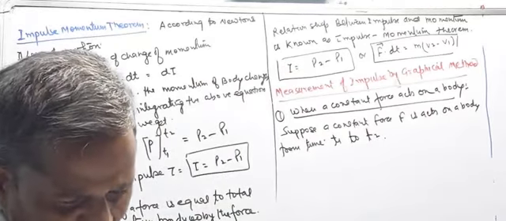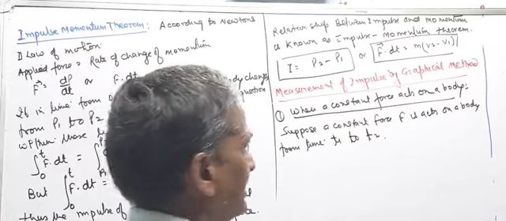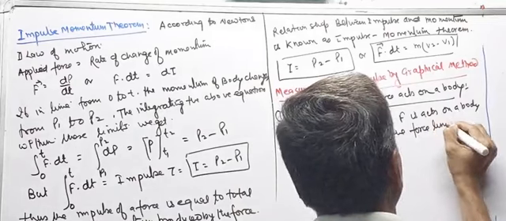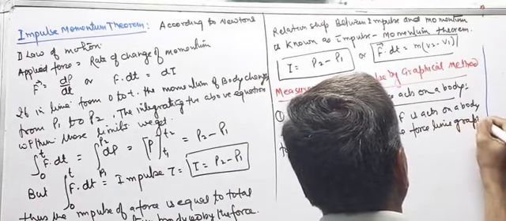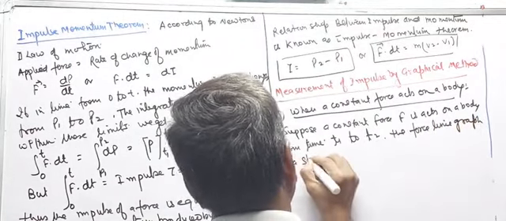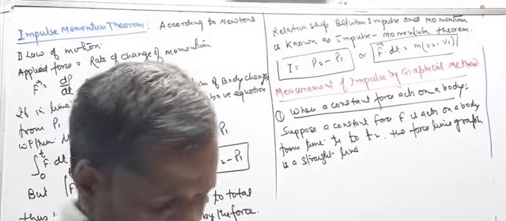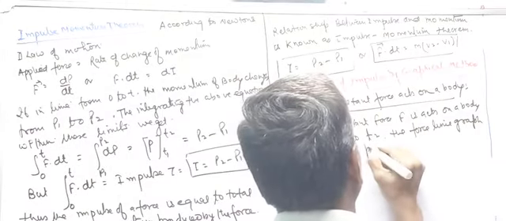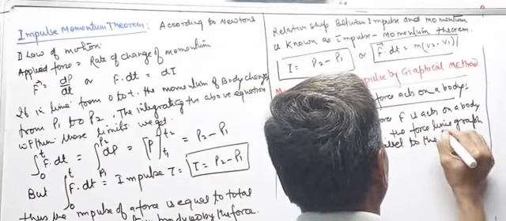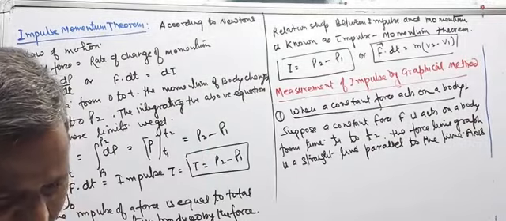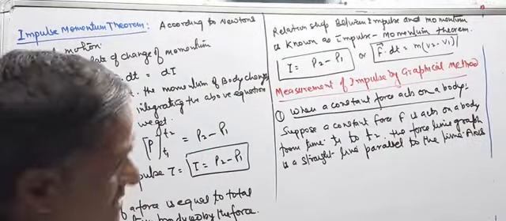The force time graph is a straight line parallel to the time axis.